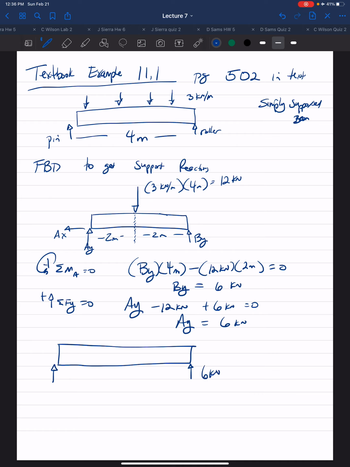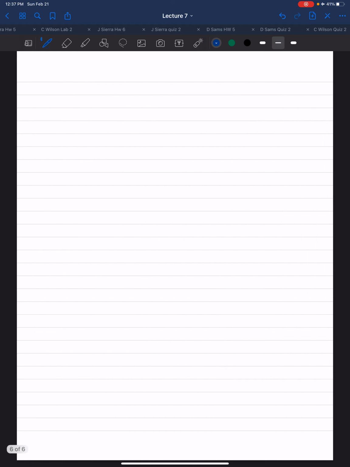You have 6 kilonewtons on the ends, and you have a 12 kilonewton downward force in the middle. So what we're looking to do is plot our shear force as a function of its position x.